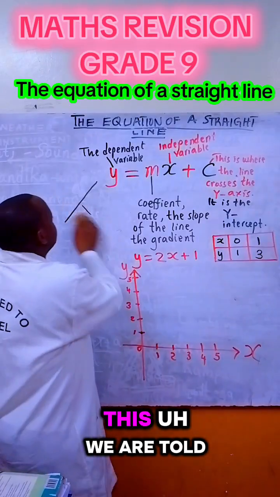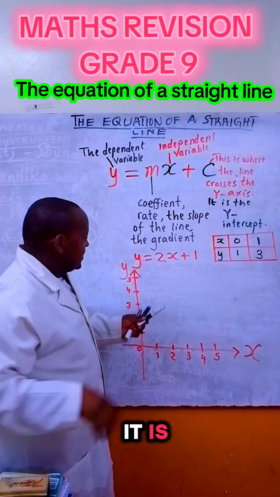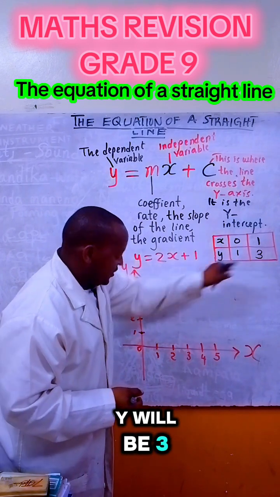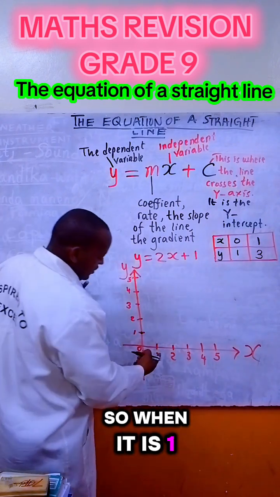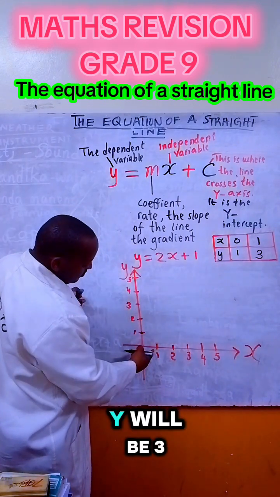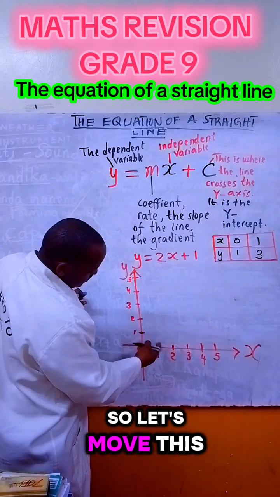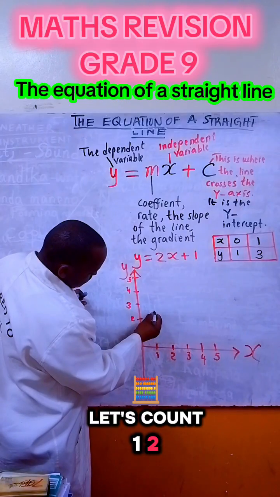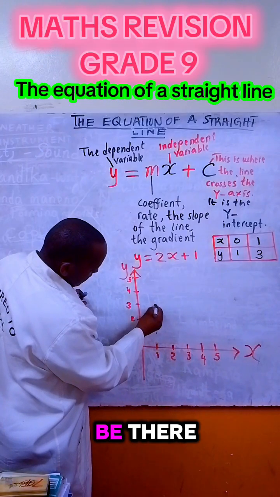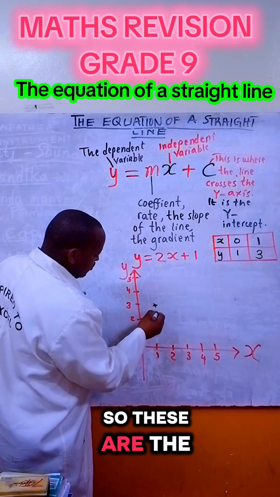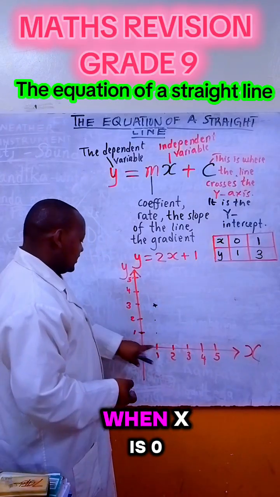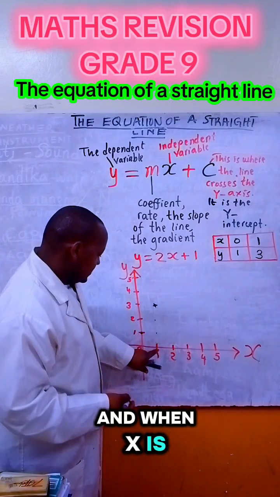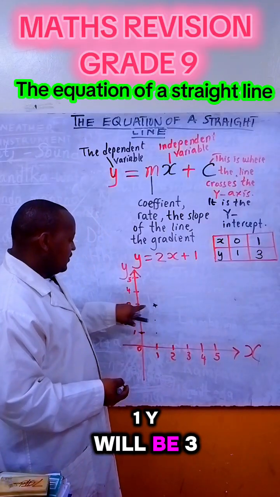We plot this. When x is 1, y will be 3. This is 1, let's count 1, 2, 3, so it will be there. So these are the 2 points we have: when x is 0, y is 1, and when x is 1, y is 3.